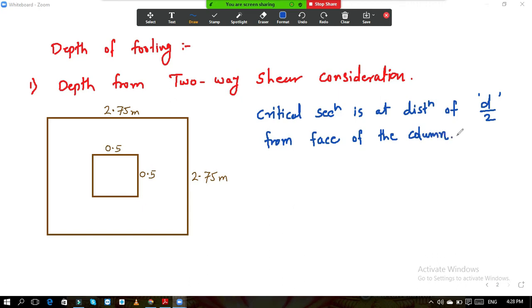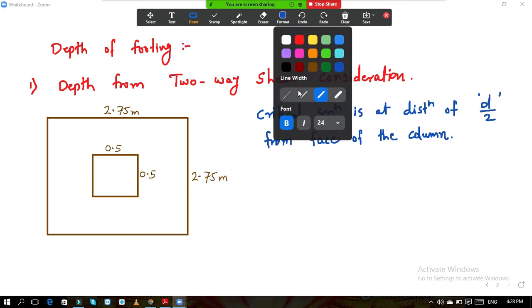Now see where is the column. From the face of the column, your critical section is at a distance of d by 2. So now I will draw the critical section.